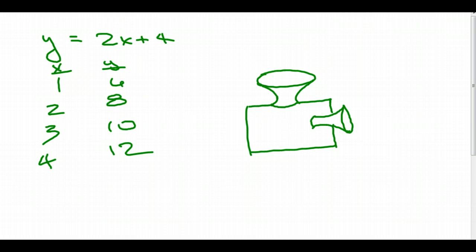This is my function machine. And I can name my function machine anything I want. In this particular case, I named it y equals 2x plus 4. That's a cool one. Check it out. When I stick a 1 in my function machine, it's going to spit out a 6. Okay? I'm not drawing.